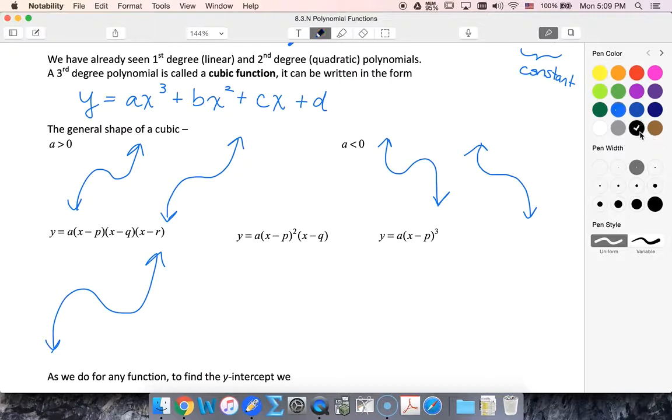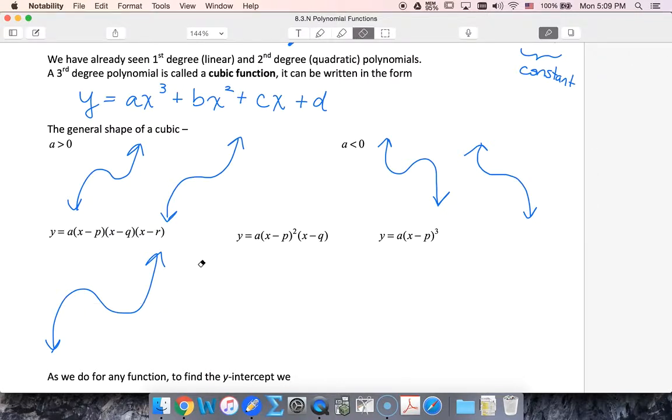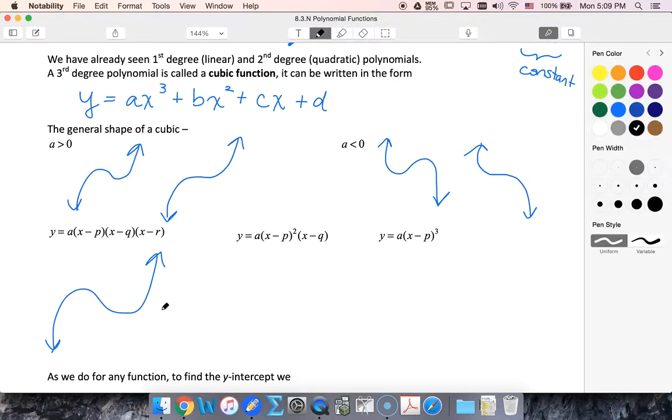And now if we put in some axes, all right, there's my straight line, and somewhere over here, let's put in a y-axis. So in this case, my three roots would be P, Q, and R.